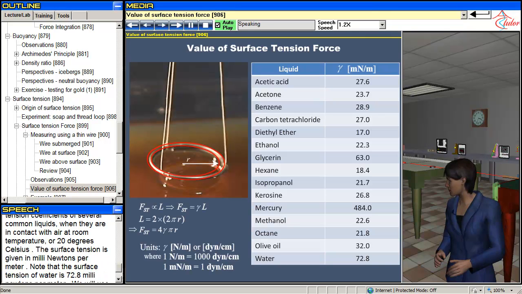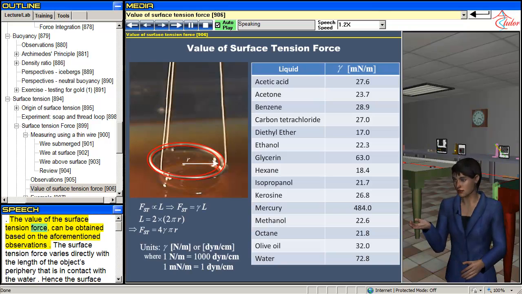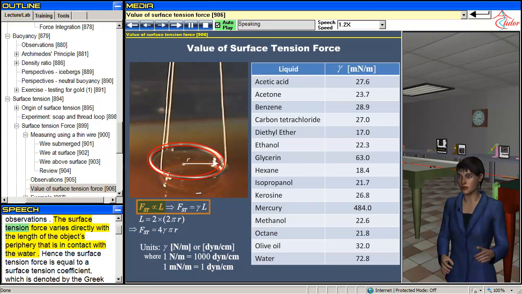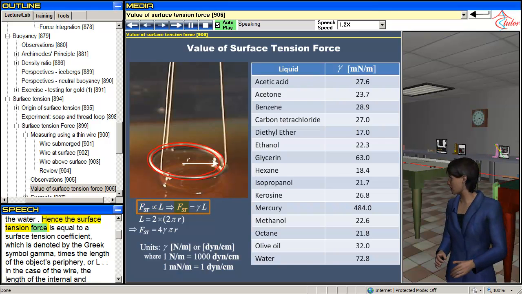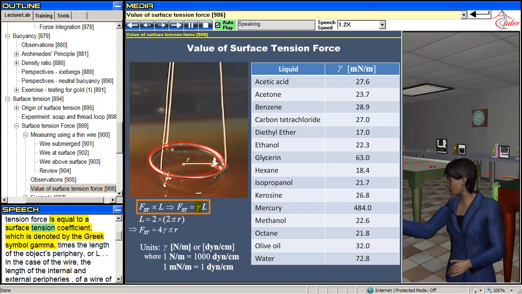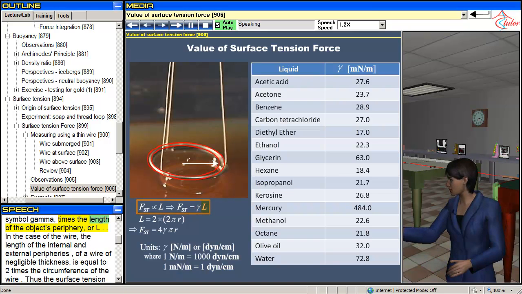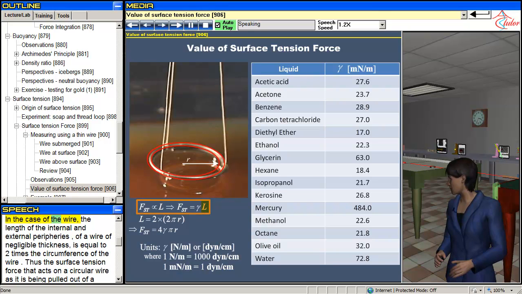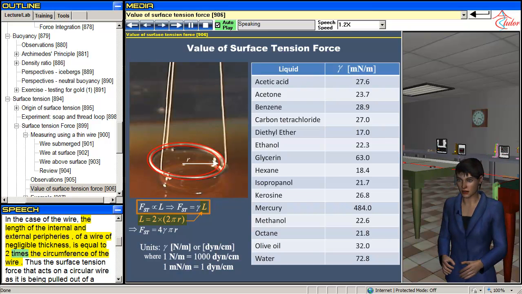The value of the surface tension force can be obtained based on the aforementioned observations. The surface tension force varies directly with the length of the object's periphery that is in contact with the water. Hence the surface tension force is equal to a surface tension coefficient, which is denoted by the Greek symbol gamma, times the length of the object's periphery, or L. In the case of a wire, the length of the internal and external peripheries of a wire of negligible thickness is equal to 2 times the circumference of a wire.